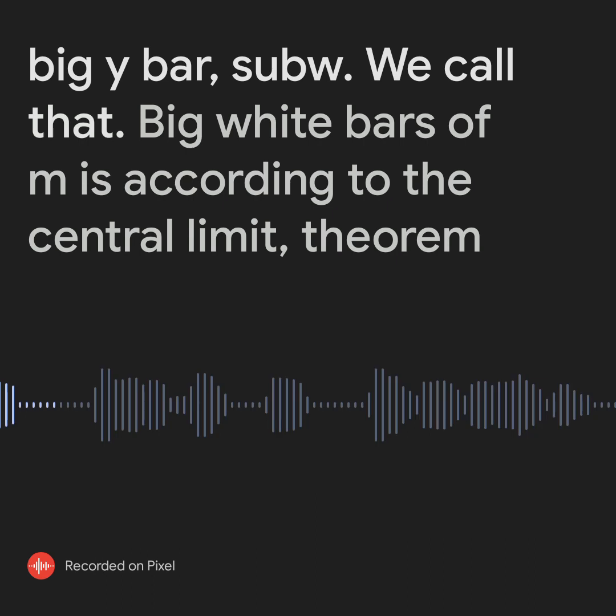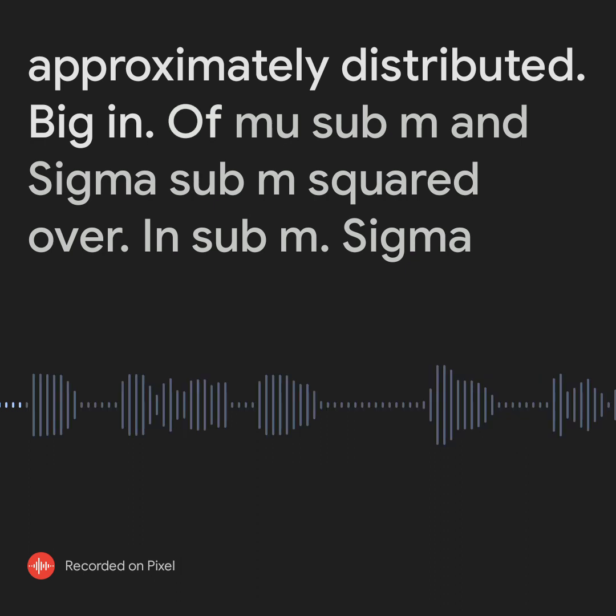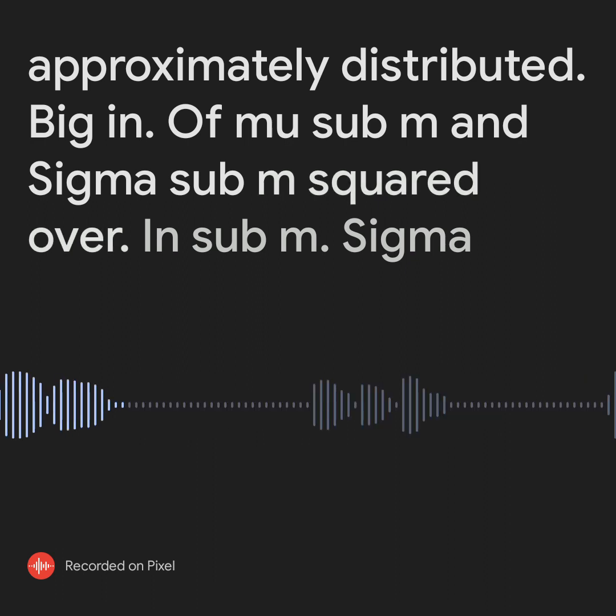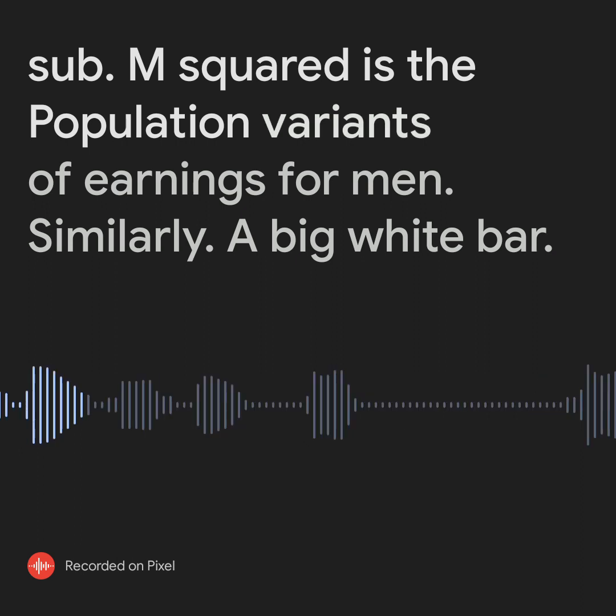Recall that Ȳ_m is, according to the central limit theorem, approximately distributed N(μ_m, σ_m²/n_m), where σ_m² is the population variance of earnings for men.